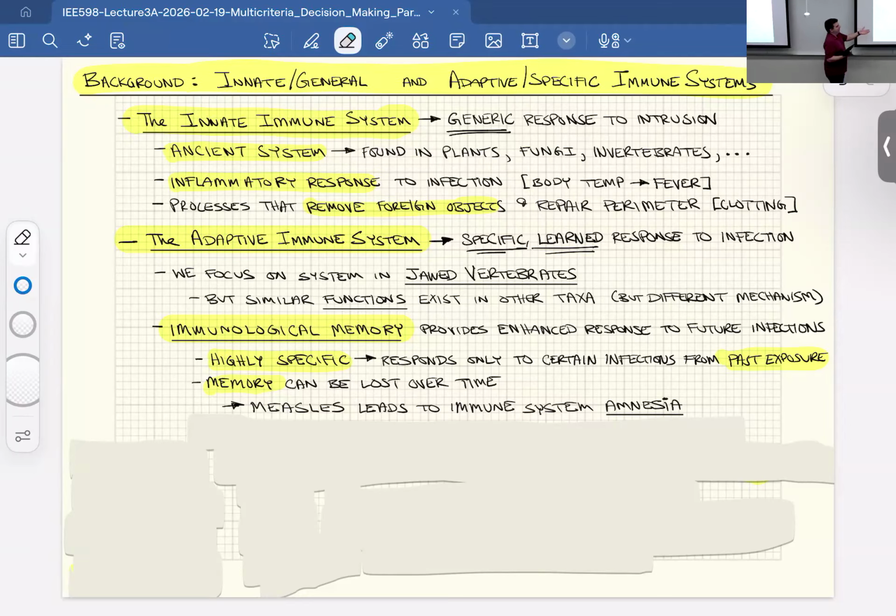So even though you might come out of surviving measles, then you can get a lot of secondary infections that you used to have immunity to, because measles does a weird thing to your immune system where it manages to somehow wipe out the memory of other things. So it's that secondary risk that makes measles particularly troubling. And so this is called immune system amnesia. So again, memory in there too.